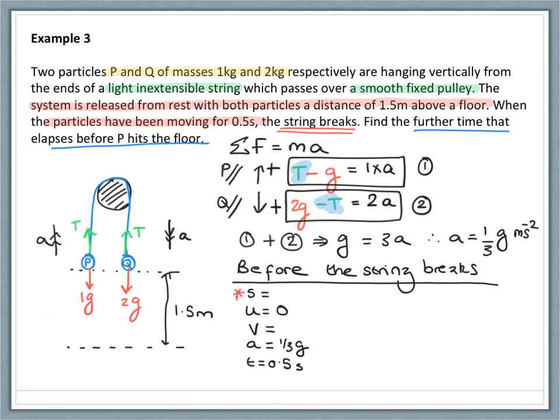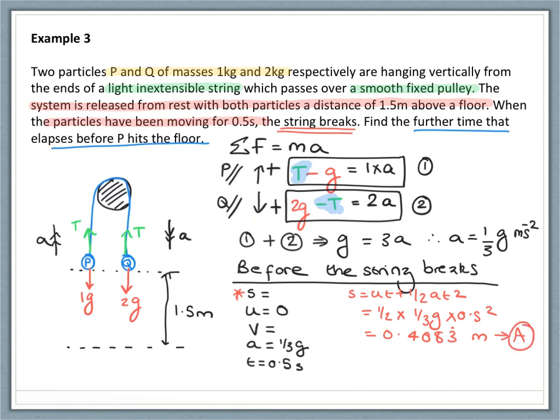So s equals ut plus a half at squared, which allows us to calculate how far the system has moved in 0.5 seconds. So let's do this. We've got a half times 1/3 of g multiplied by 0.5 squared, which equals 0.4083 recurring meters.